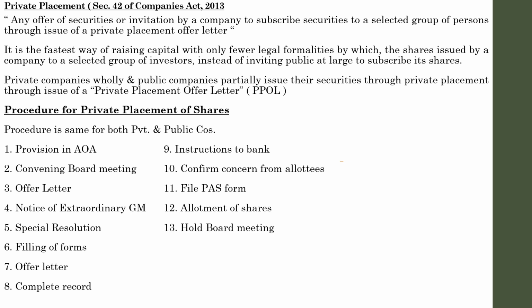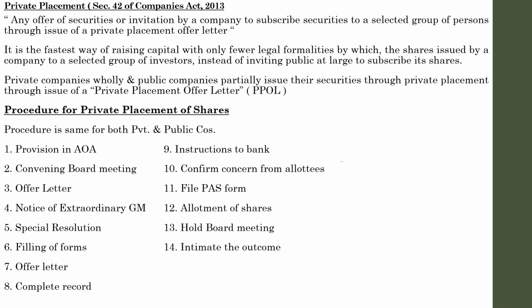Next one, hold board meeting. That means the company must conduct the board meeting for the allotment of securities. The allottees, to whom the private placement of shares is going to be made, might have paid the subscription amount. So the shares should be allotted within 60 days of the receipt of money, and once it is done, the board meeting should be conducted with regard to how many shares have to be allotted to the allottees.